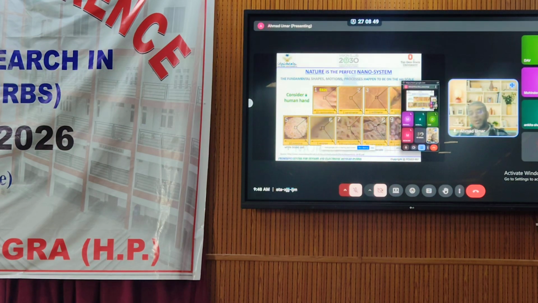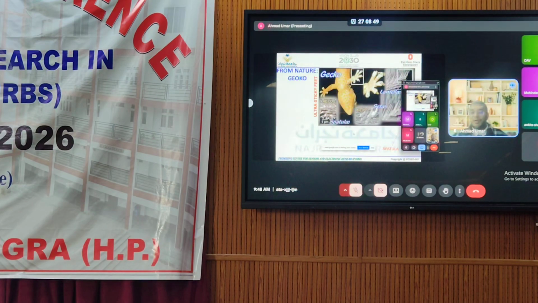When you go to 100 nanometers, you can see the DNA structure. At 10 nanometers, you can fully see the helical structure of DNA. And when you go deeper, you can see the 1 nanometer atom inside the DNA. So the nanosystem already exists in nature.